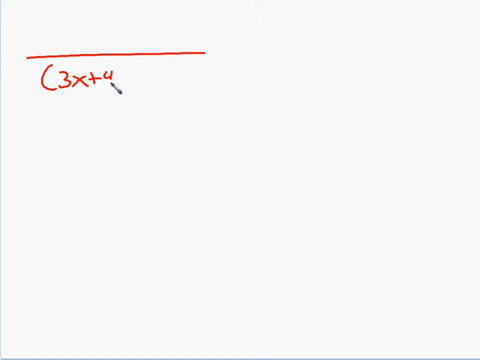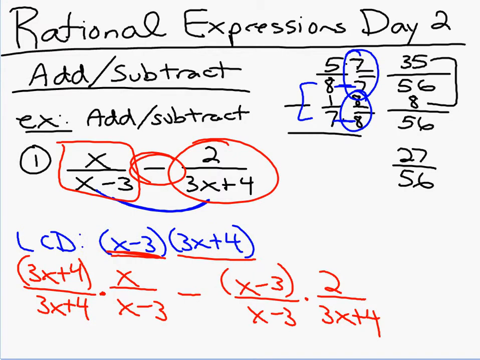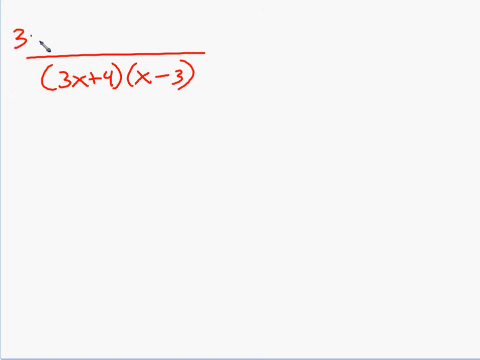My numerator, the first one I need to distribute. X times 3x is 3x squared, so it's going to be 3x squared plus 4x when I do distributive property there.